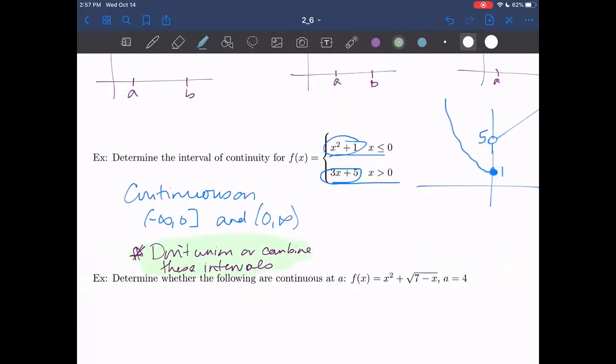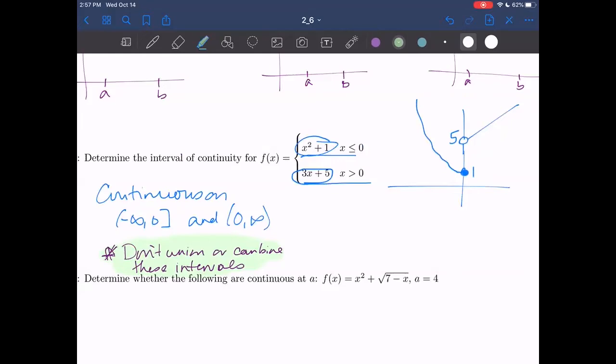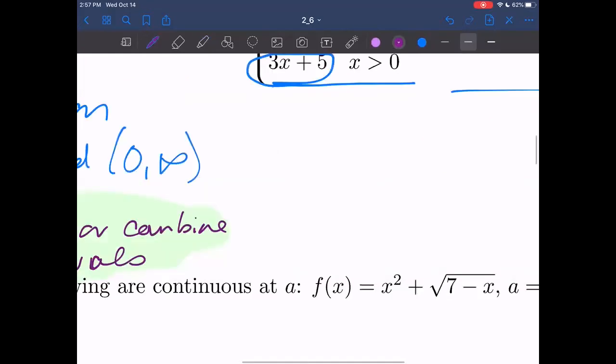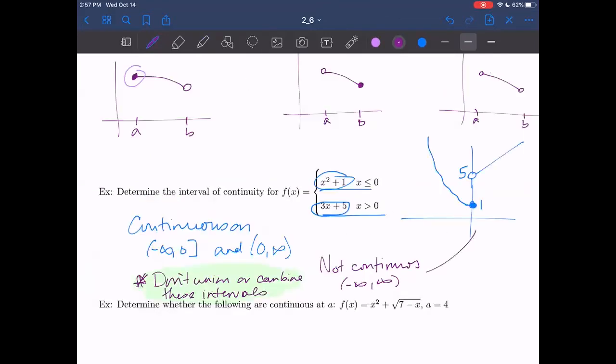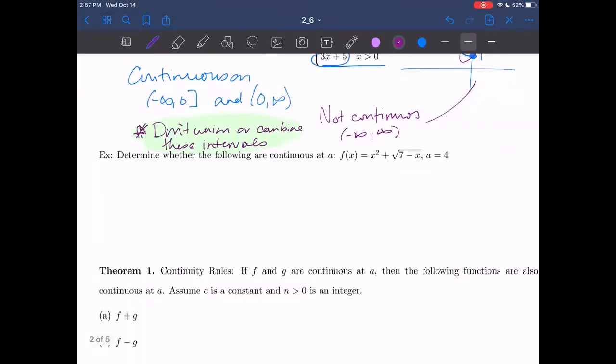Because if you do that, they're not continuous. If you union them, you would be saying it's continuous for all real numbers, and it's not because of this jump discontinuity. So when you're listing these, you list them using commas, or just pop an and in the middle, but don't combine them.